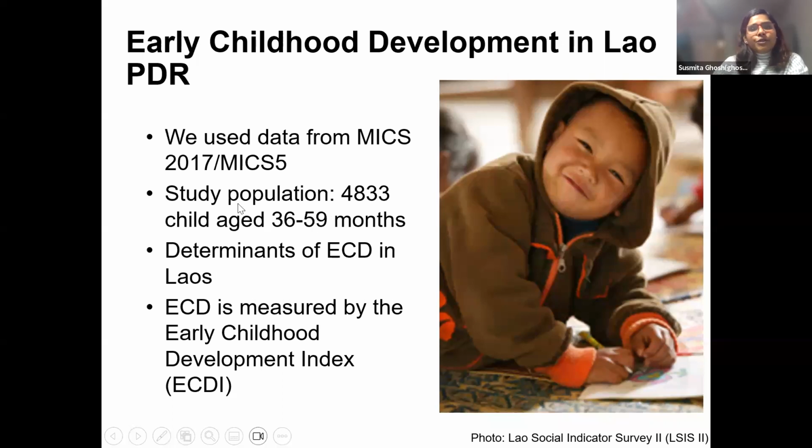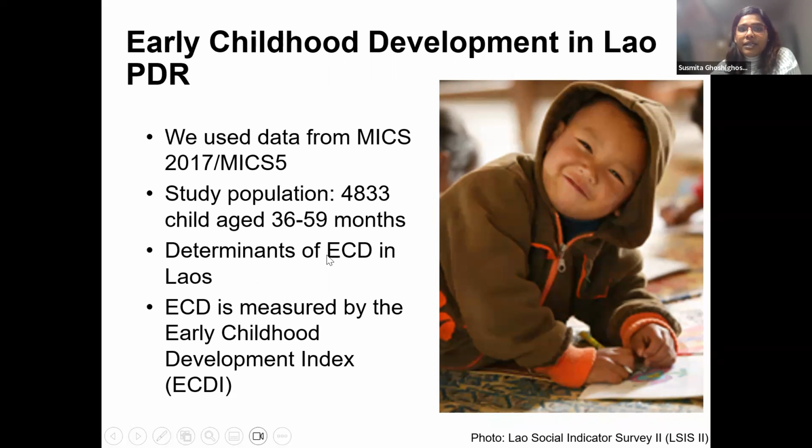Now I'm going to talk about the situation of early childhood development in Lao PDR. In our study, we used data from the Multiple Indicator Cluster Survey 2017, also called MICS-5. Our study population was around 5,000 children aged 36 to 59 months, and we tried to find out the determinants of early childhood development in Laos.